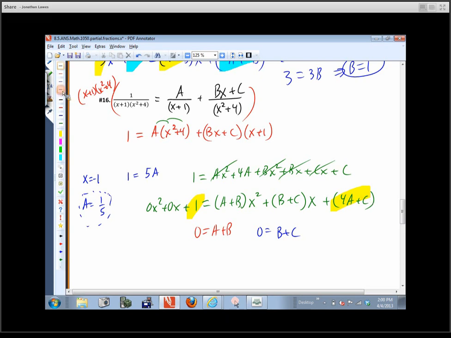So for that last one, 1 had better equal 4a plus c. Now at this point, notice I've only had to work with fractions once and it was like writing down the answer. I haven't had to deal with fractions at all, but take a look at how cool this is. A plus b had better equal 0. What that means is a equals negative b or vice versa.